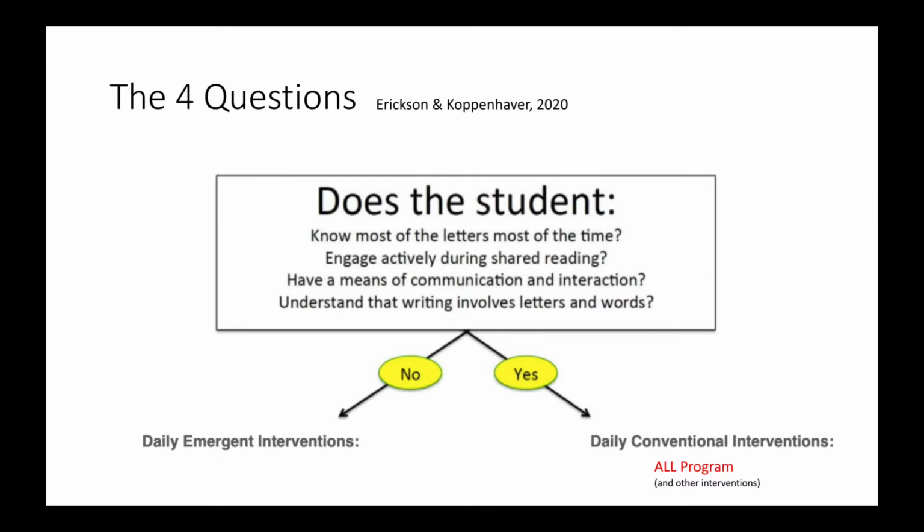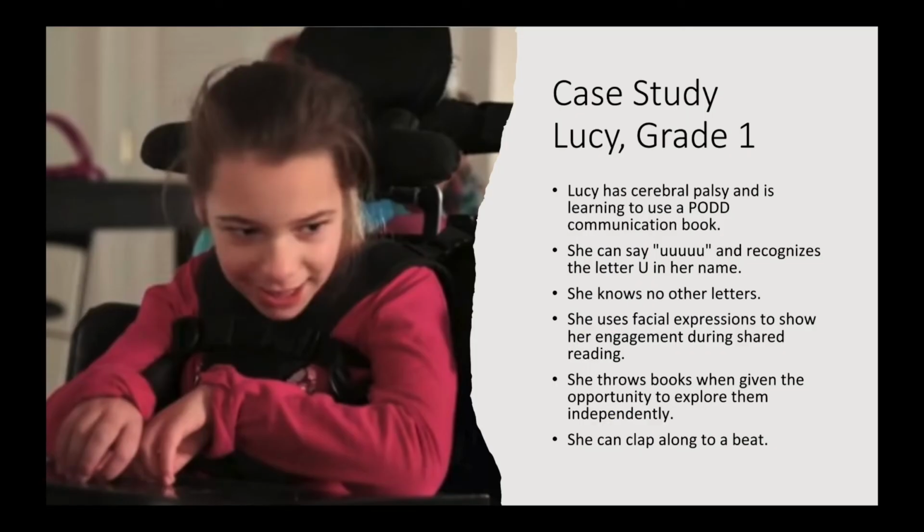The final question, does your student understand that writing involves letters and words, is simple. If they know that letters are different than pictures, then answer yes. Let's take a look at a couple case study examples to practice answering the 4 questions. This is Lucy. She's in grade 1.